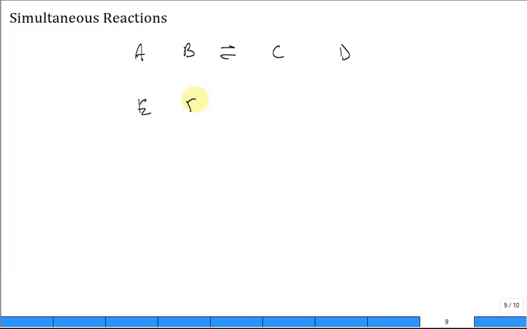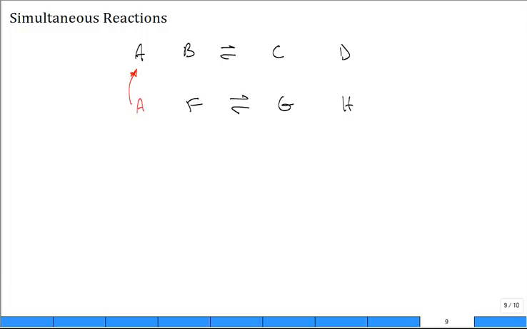There's E, there's F, there's G, there's H, right? So you could have two reactions going on at the same time. Not only that, but maybe this E is the same as that A. Maybe they're the same. One or more of them could be the same in the equilibrium equation.